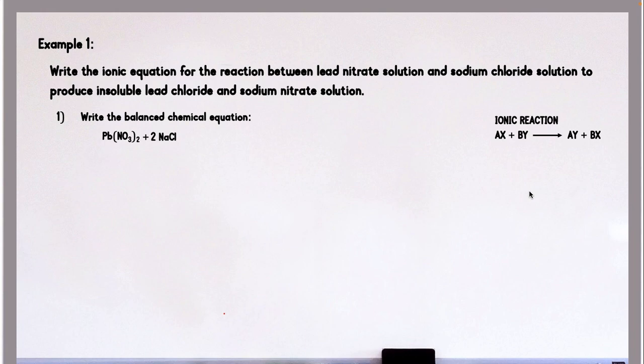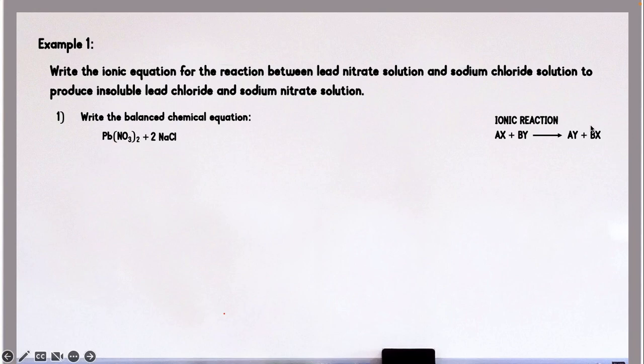Many times you will get questions that only say lead nitrate solution and sodium chloride, and you won't know what the products are. In cases like those, there's a simple way to find the products.